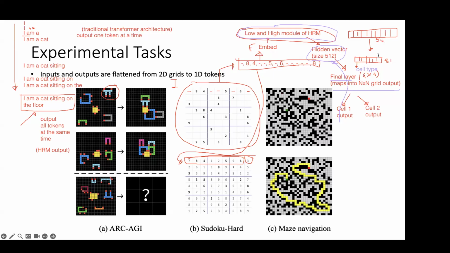Since you already have the low level one running at its own frequency, and then it does the update with the high level one once it reaches a certain number of steps, which I believe is what it's doing, that already leads to learning to do checks, just by the nature of the internal architecture of the low high module.